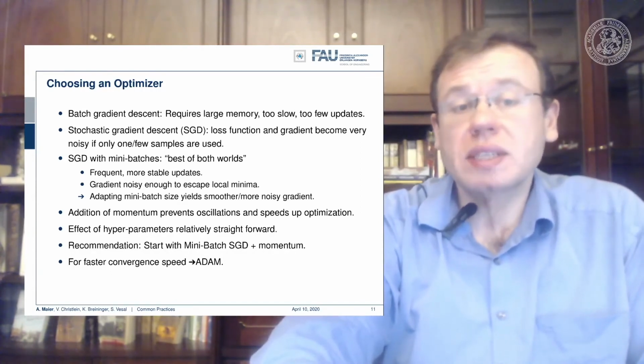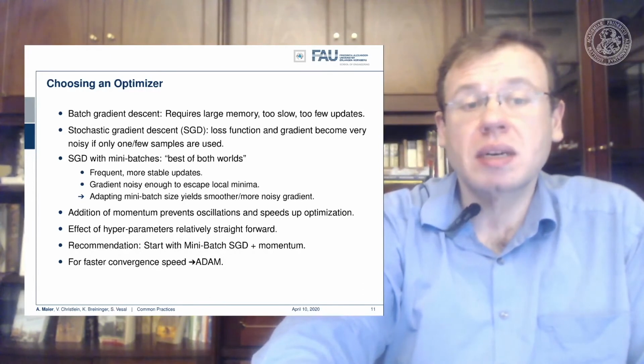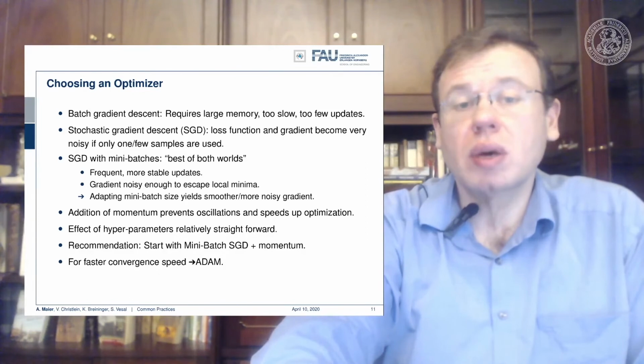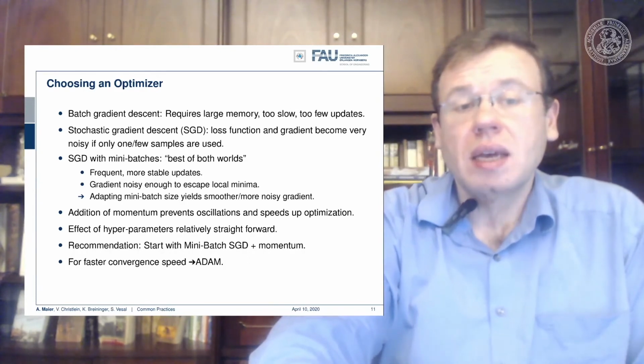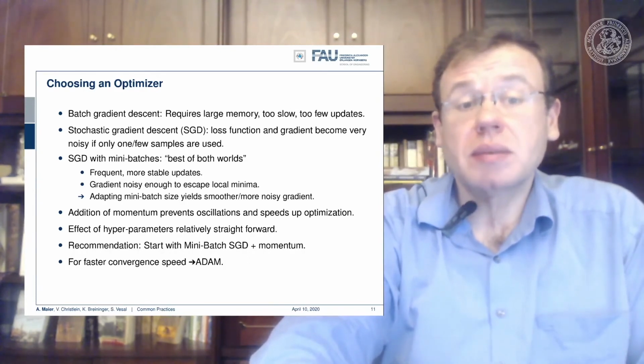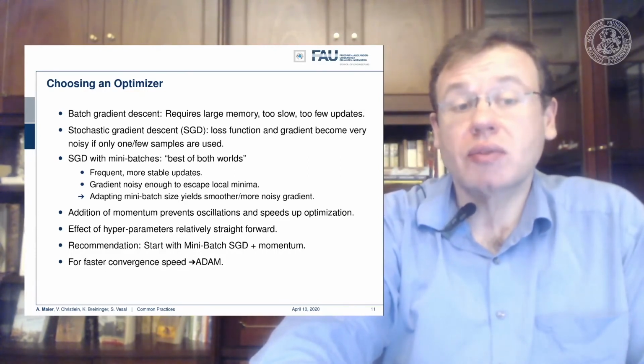The gradient is noisy enough to escape local minima, so you want to adapt the mini-batch size to yield a smoother or more noisy gradient depending on where your problem in the optimization is. In addition, you may want to use momentum to prevent oscillations and speed up the optimization. So the effect of hyperparameters is relatively straightforward.